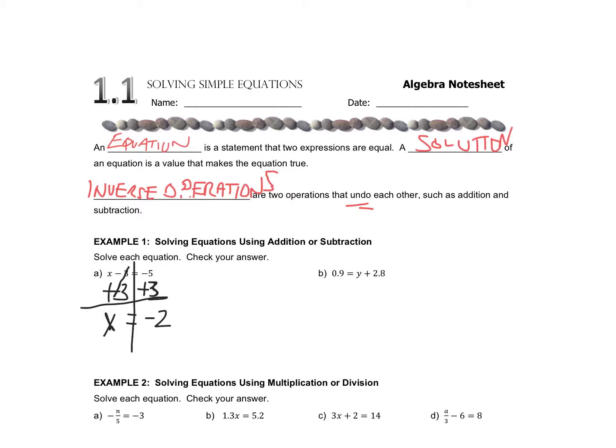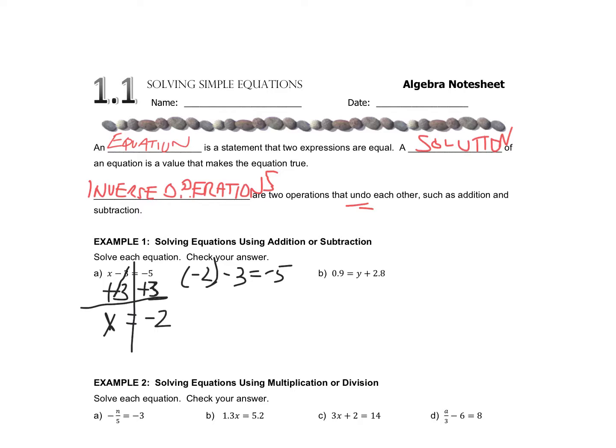Now again, how do I know that's right? The one great thing about equations is I can plug in this solution to see if I get the right answer. So how I check that is I'm going to take the x value in my equation and replace it with what I think is the answer. And then all I have to do is finish putting together my regular order of operations to see if it's true.